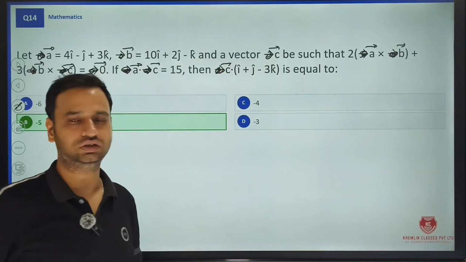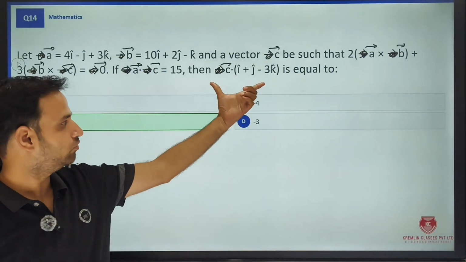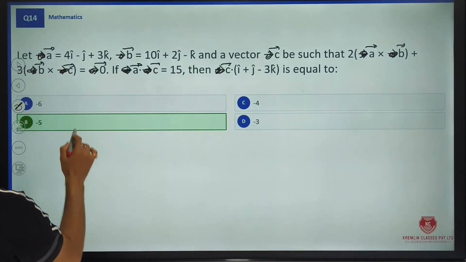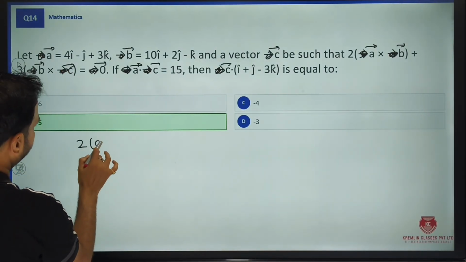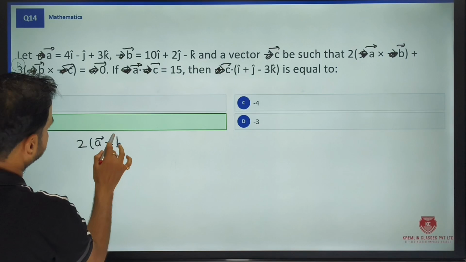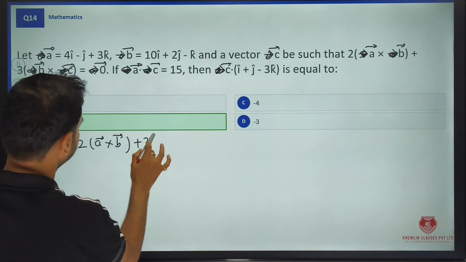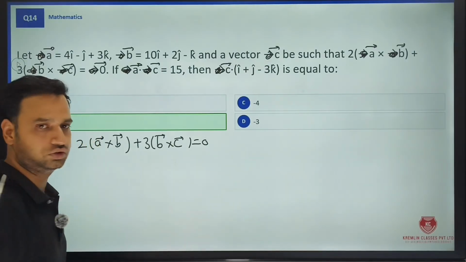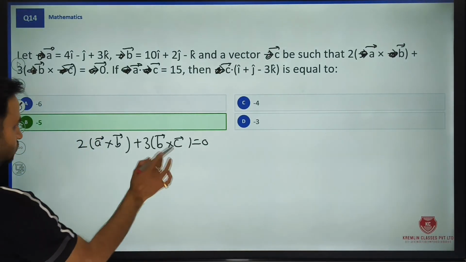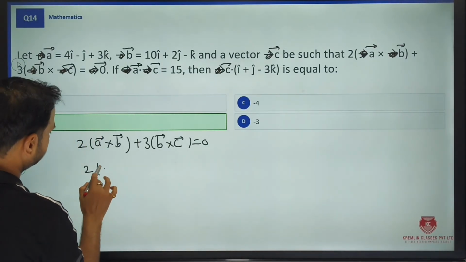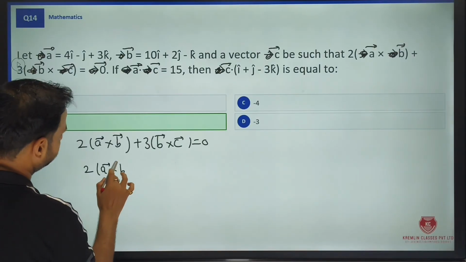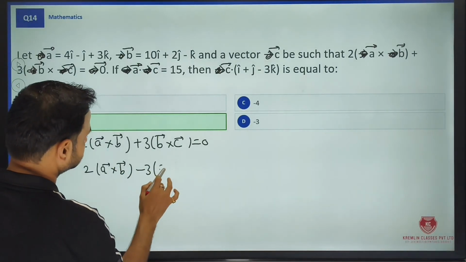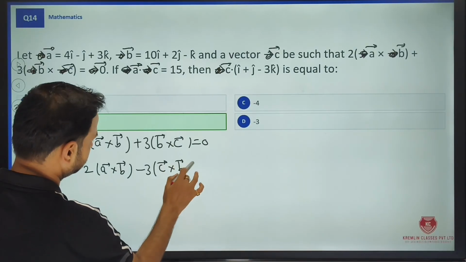What we have to find is c vector basically. So let us write the equation: 2 a vector cross b vector plus 3 b vector cross c vector equals 0. Okay, let us write 2 a vector cross b vector minus 3 c vector cross b vector.